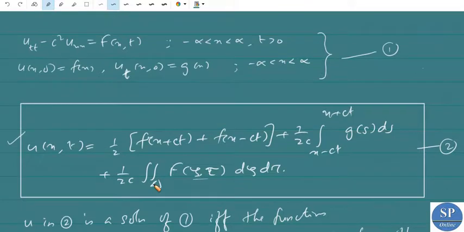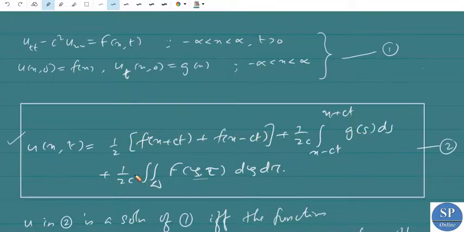Our actual Cauchy problem has non-homogeneous conditions, but to prove this is a solution of this Cauchy problem, we need only show that this function is a solution, as already proved by the superposition principle. We have this also as a solution.